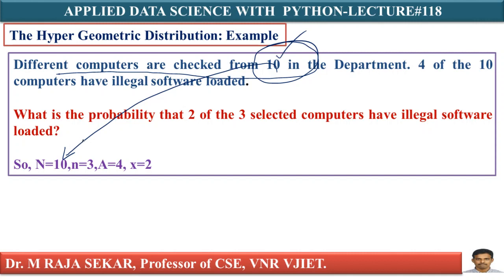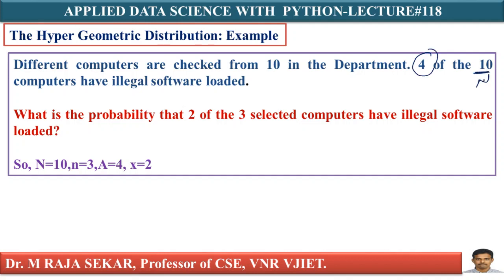And A equal to 4. What is my A? A is the number of successes in population. Therefore, number of successes in population means 4 out of 10. This is my N. This must be my A. Because 4 out of 10 means my A is the number of successes in population.